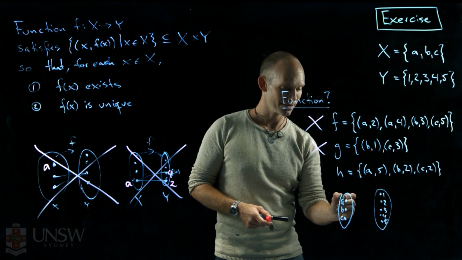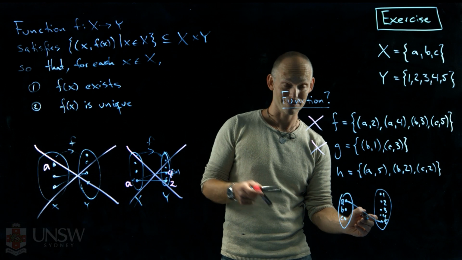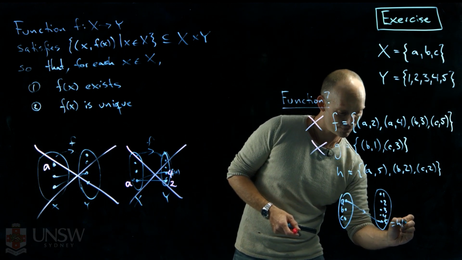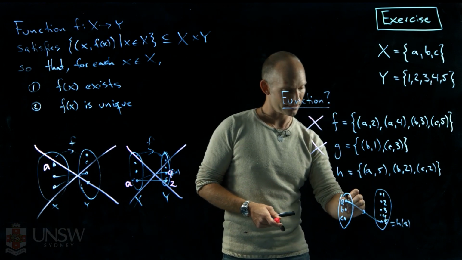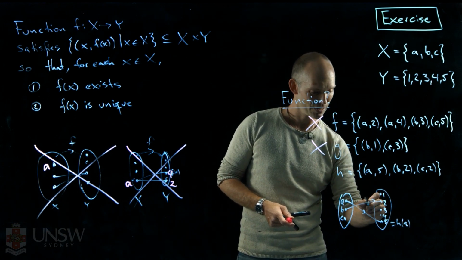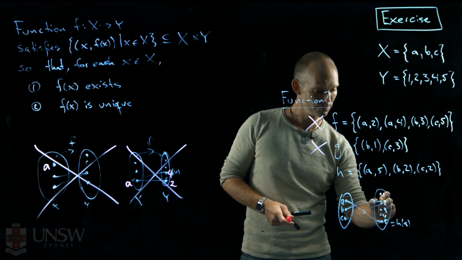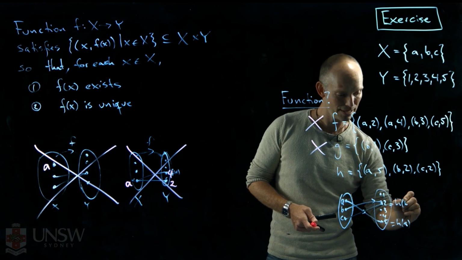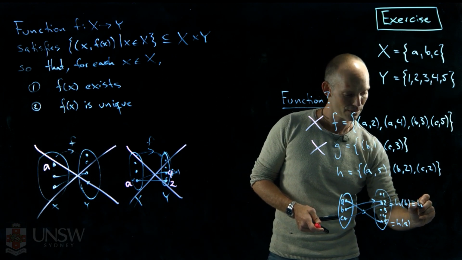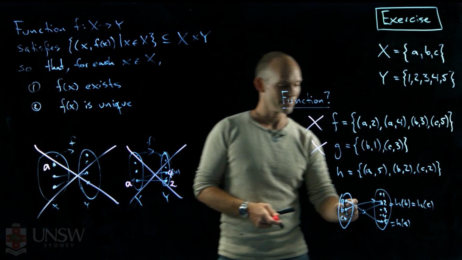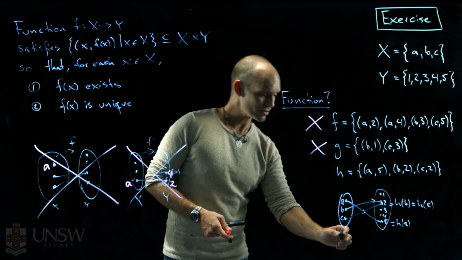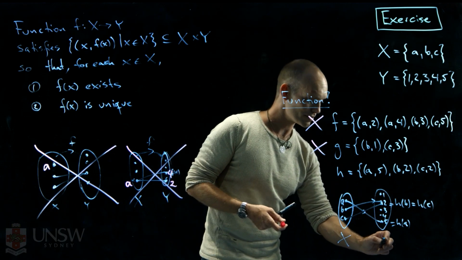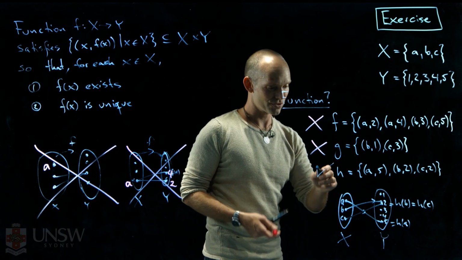A is given the mark 5, if we're still thinking about marks, or the function value 5, that's equal to h of A. B gets the function value 2, and so does C. So that's perfectly great. So 2 is equal to the function value of B and also the function value of C. You can see that every one of these elements on the left-hand side in X gets a function value and exactly one function value. So this is a function, and we put a big tick there.